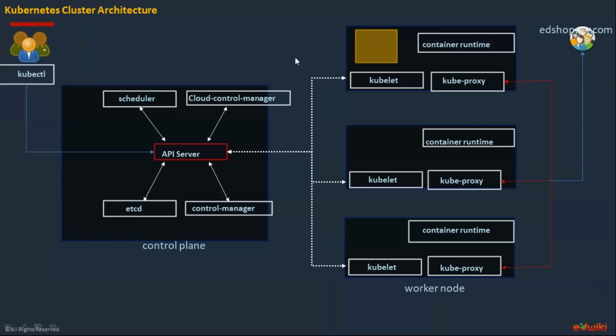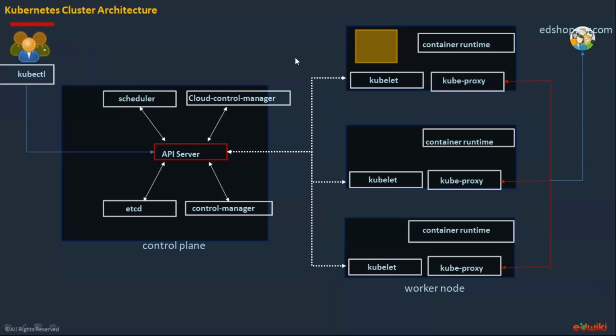Kubectl is the command that you run as a Kubernetes administrator. That kubectl command is going to connect to the API server. Then whatever requirement you have, let's say I have an image and please deploy this as a container, you give the details in the kubectl command only.